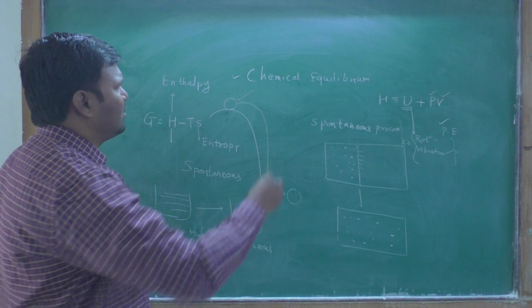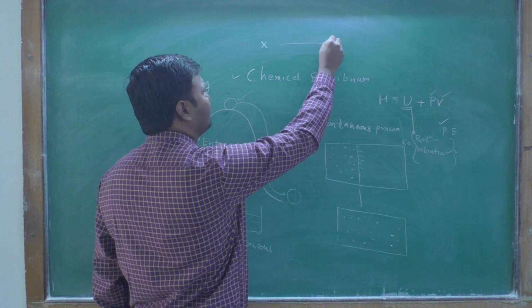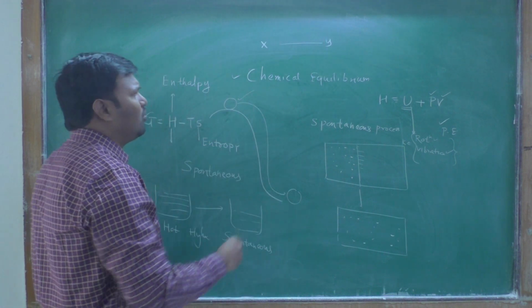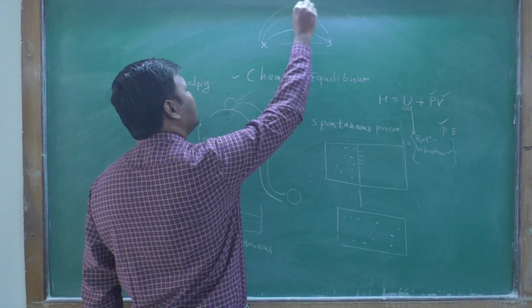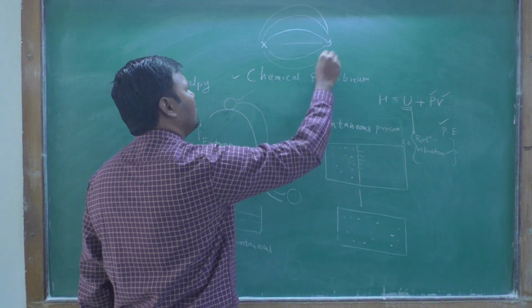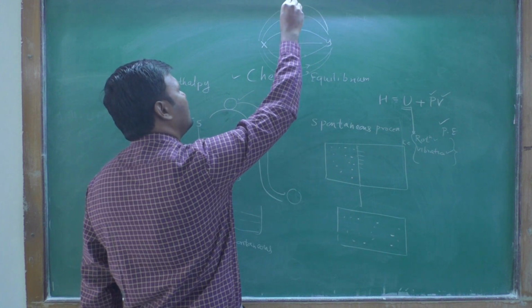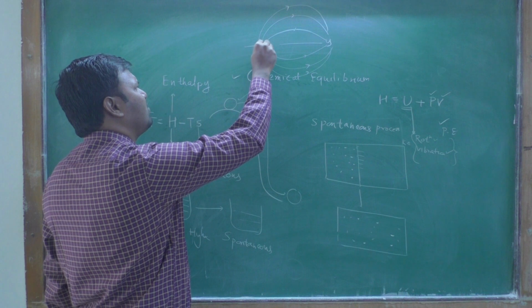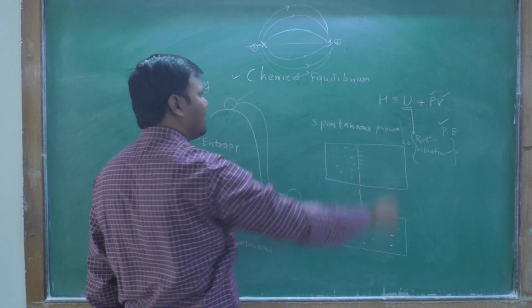Suppose x and y positions are there. When you move from x to y, there are a number of ways you can move from x to y. x is the first state and y is the second state.